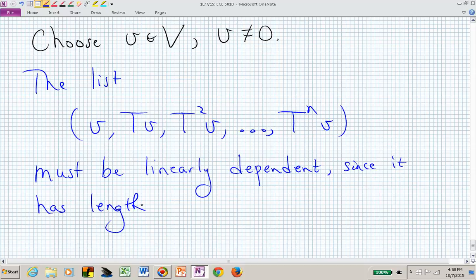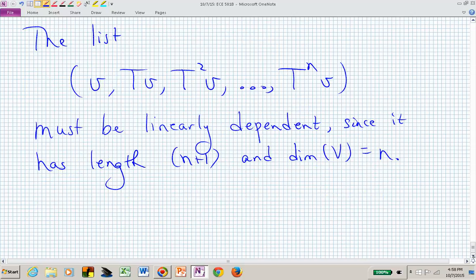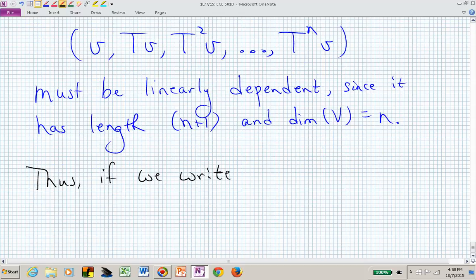Since you told me it has length, the list has length n plus 1, and the dimension of our vector space V was only n. Now let's write down an equation with those n plus 1 vectors.